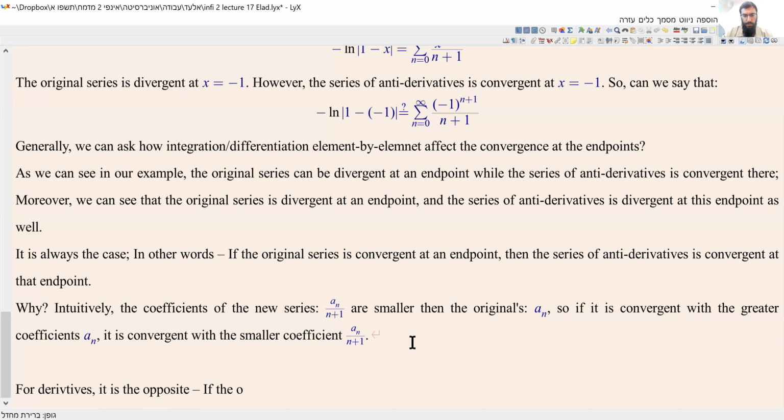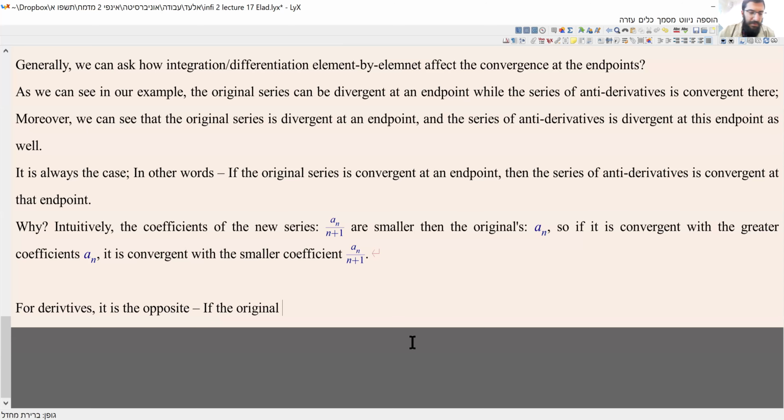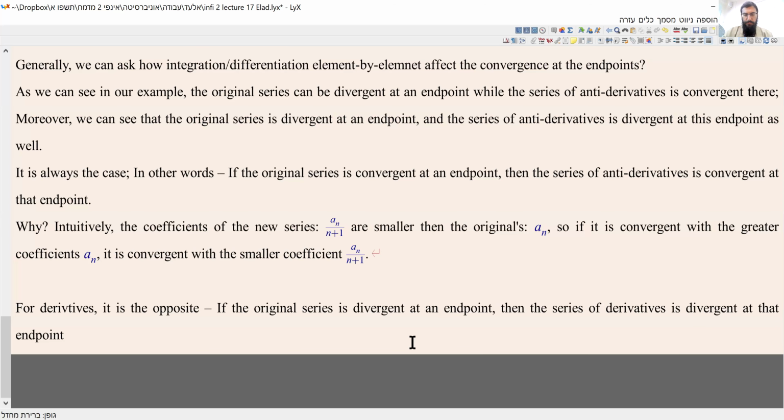If the original series is divergent at an endpoint, then the series of derivatives is divergent at that endpoint as well.